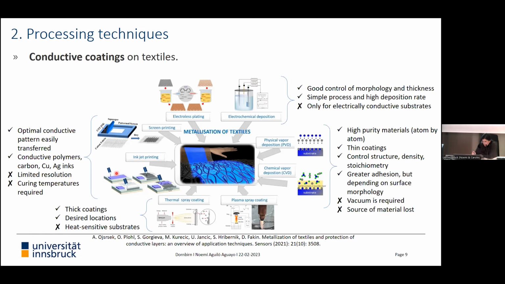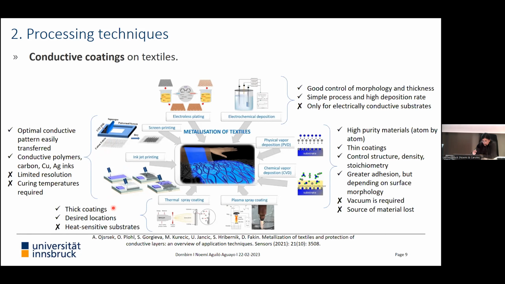The problem is that you always need to cure in order to have these conductive lines. You will transfer your conductive ink onto your fabric in the form of particles, and then to form the conductivity, these conductive lines you will need to cure and to condense these particles, to unify these particles to form these conductive lines.